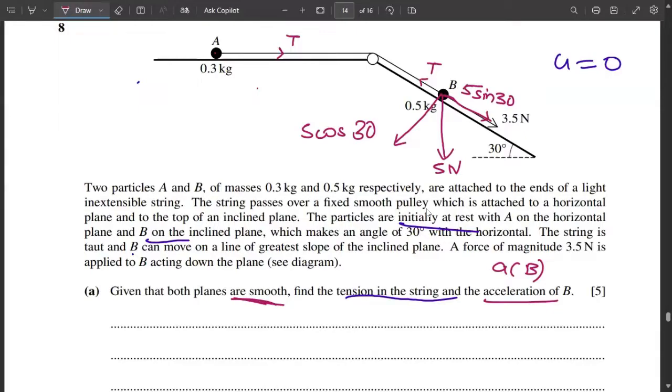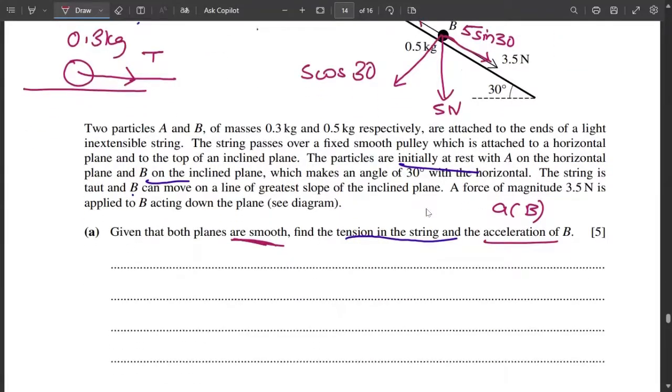Okay, we'll go ahead. Find the tension in the string. To find it, first we can understand the free body diagram of A. If I only draw A, it is 0.3 kg, and it is attached with a string, so it has tension. It has no other force.